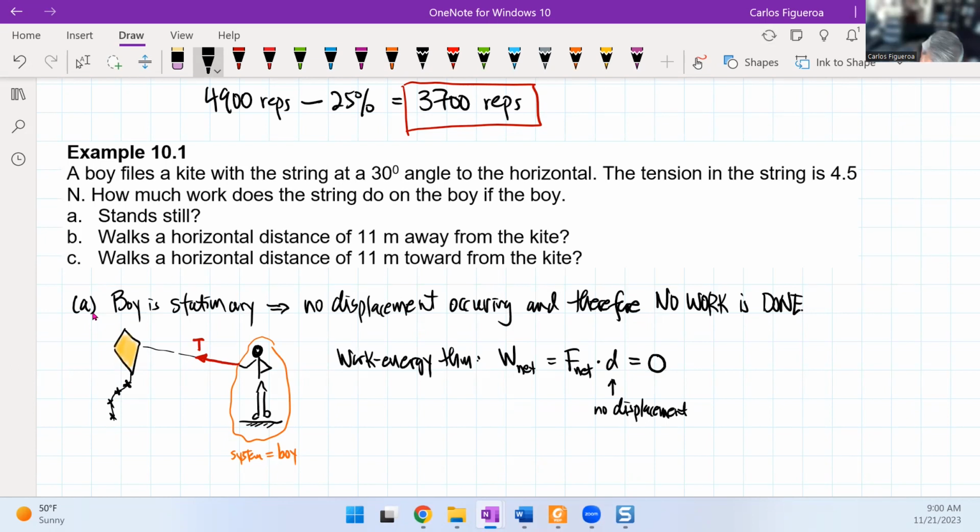And if that work is equal to 0, we can clearly see here that there is work being done on the kite in some sense.